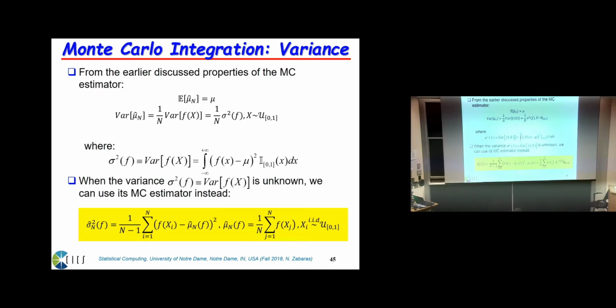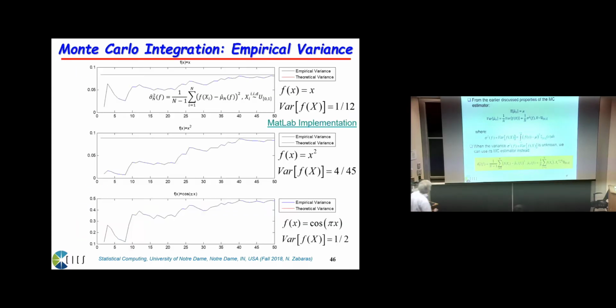Again, you can get the error bars, you can do anything you want with this type of approach. Okay, so here I'm computing the variance actually. So I'm computing the error bars in this estimator, and the lines that you see are the exact variance, and this is how the sample variance basically converges to the exact value.